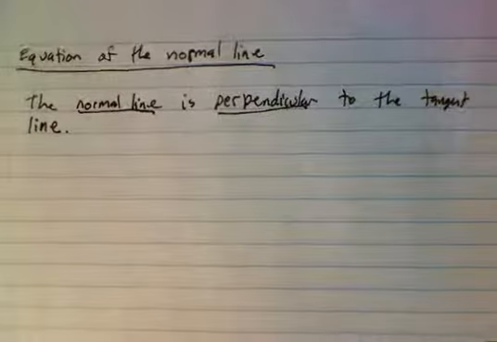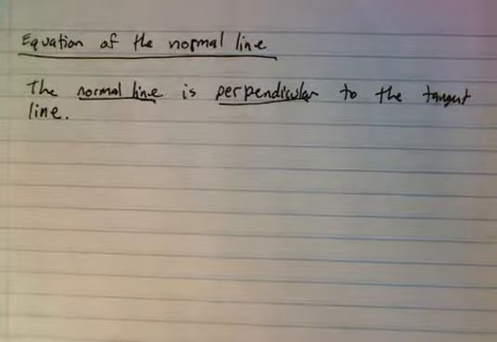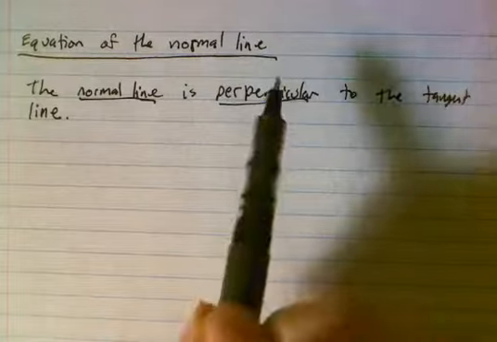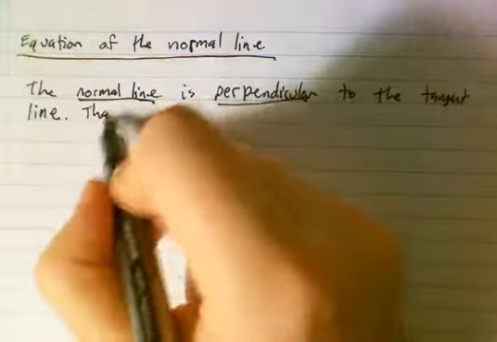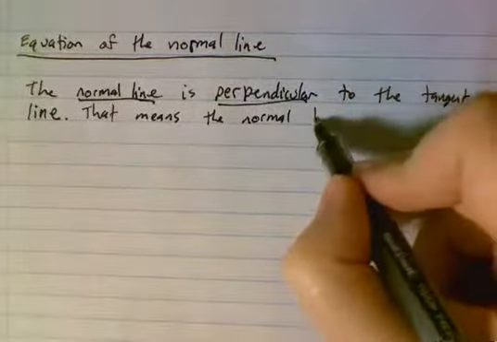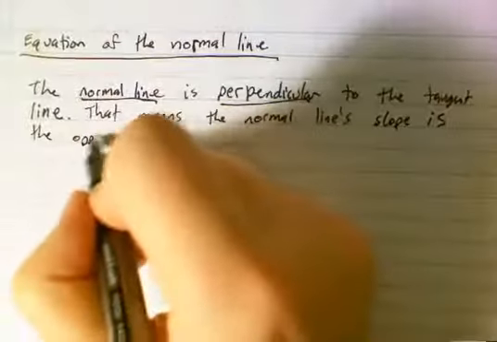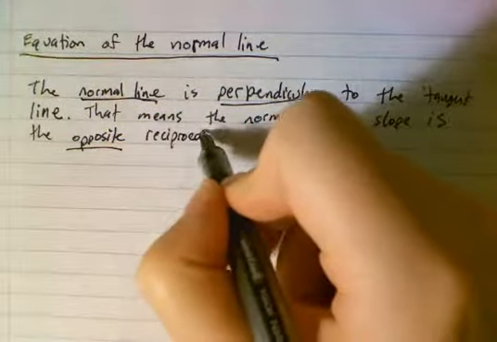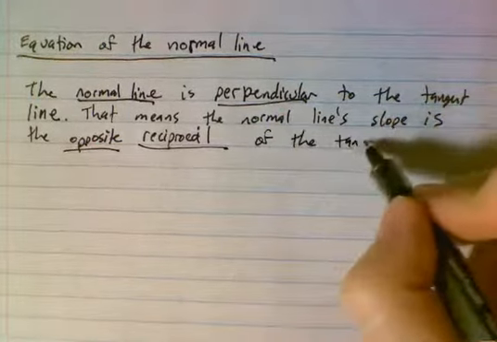And there are a lot of useful things that it's used for later on in mathematics, but for now we just want to know the general idea of it. But the really key thing here is to know that a perpendicular line has the opposite reciprocal slope to the other line. So that means the normal line's slope is the opposite reciprocal of the tangent line slope.